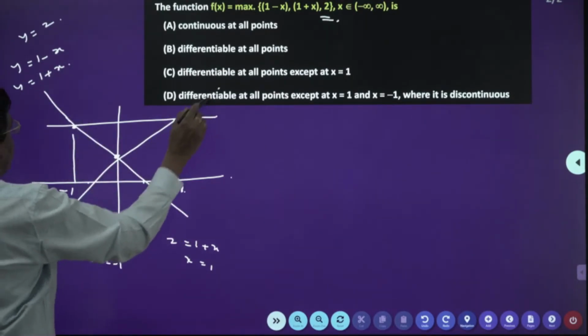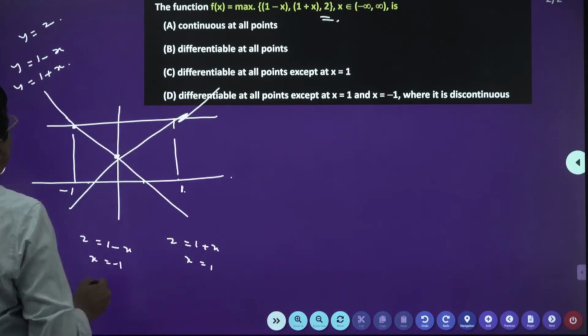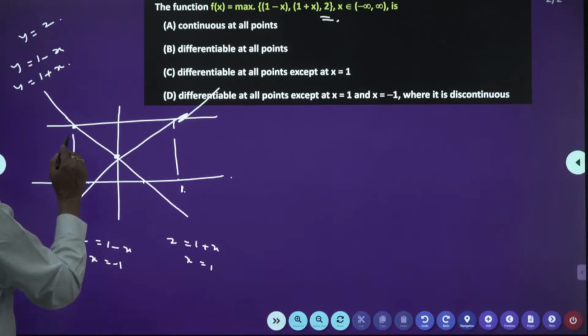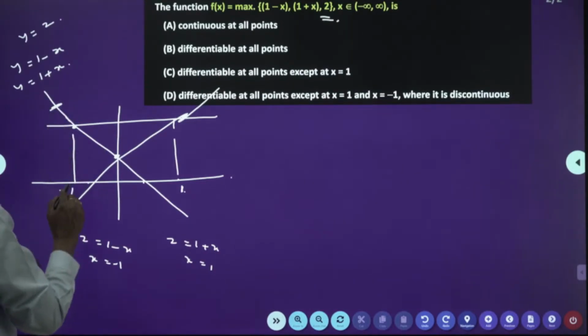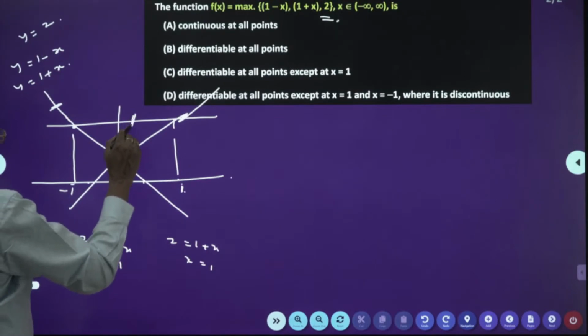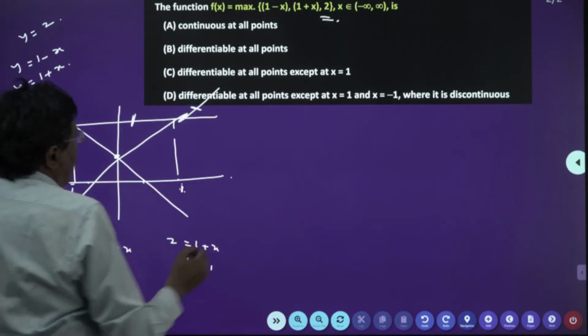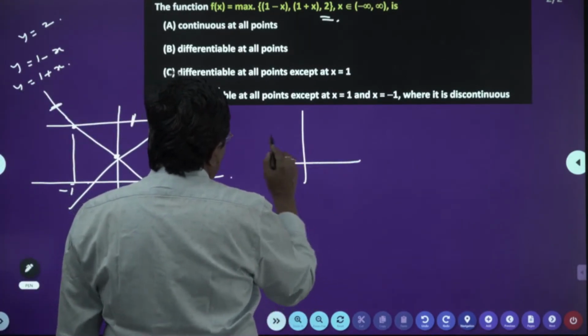Extend this line. Now from minus infinity to minus 1, which is maximum among the three? This is maximum. Between minus 1 to 1, this is maximum. From 1 to plus infinity, this is maximum. So the graph typically looks like this.